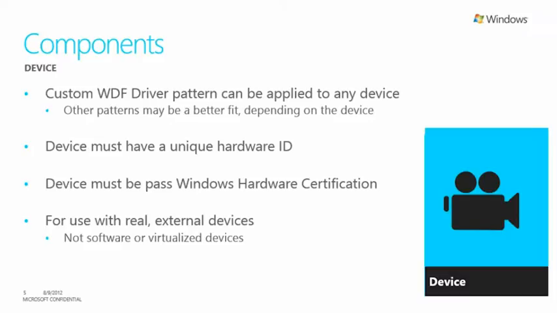As an example of something we've seen, if your device uses a USB to UART bridge chip in order to put some logic on the USB bus, and you're still using the hardware ID from the company who developed the bridge chip, then we can't download your driver for that device. We could download FTDI's serial driver, but that's not configured for your device. Your app won't be able to talk to it, and we won't be able to get your metadata, so we won't be able to privilege your app to talk to the device. So it's very important when you're developing devices. If you want to use this pattern, you have to have a unique hardware ID.